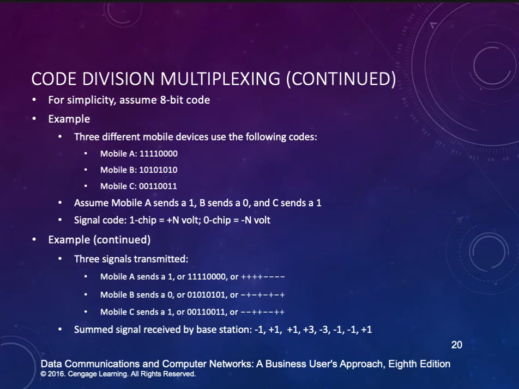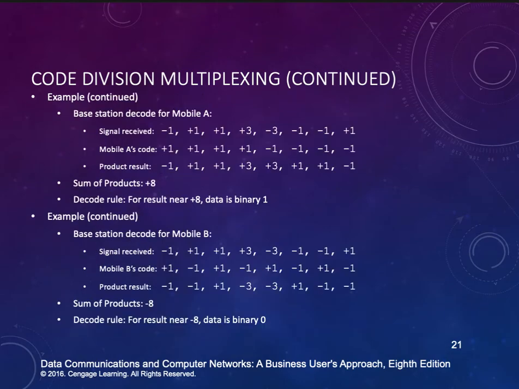Having said that, the signal received by the base station is plus 1, negative 1, plus 1. This is basically the summation of all three signals. On the next slide, we see the signal received, plus 1, negative 1, plus 1, multiplied by mobile A's code, which is plus 1, and the result is negative 1, for example.